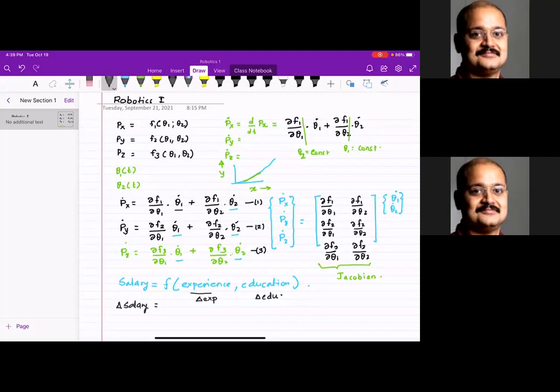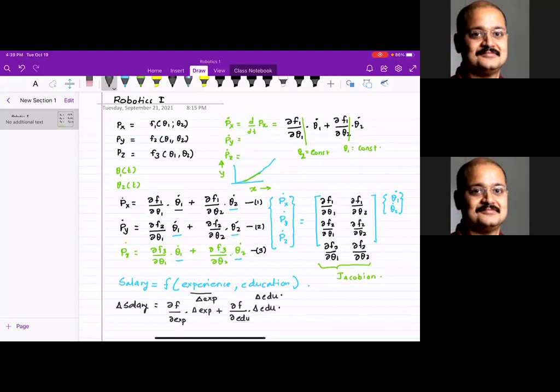The rate of change of function, which is partial f by partial experience multiplied by change in the experience, plus partial f divided by partial education multiplied by change in the education.